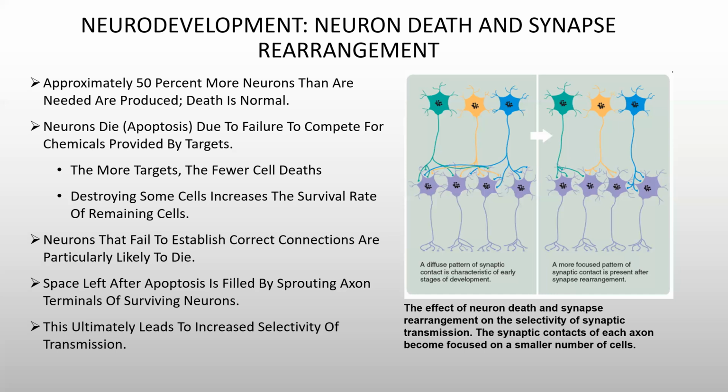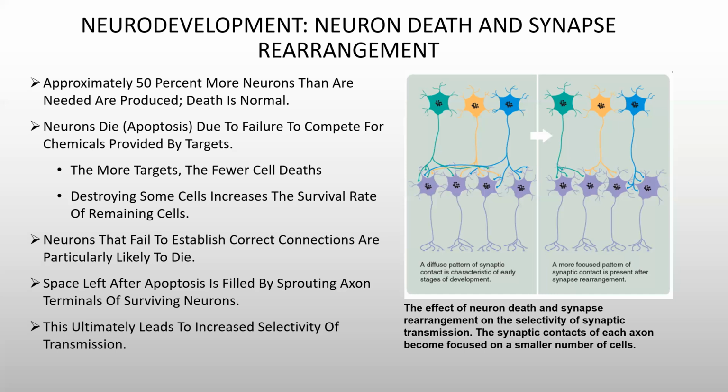Then if we look to the right, you'll notice how now you have still the green, the yellow, and the blue neurons, but now that blue neuron is only affecting the third and fourth neuron. So it's kind of like a pruning process here, which adds specificity. Neurons that fail to establish correct connections are particularly likely to die.